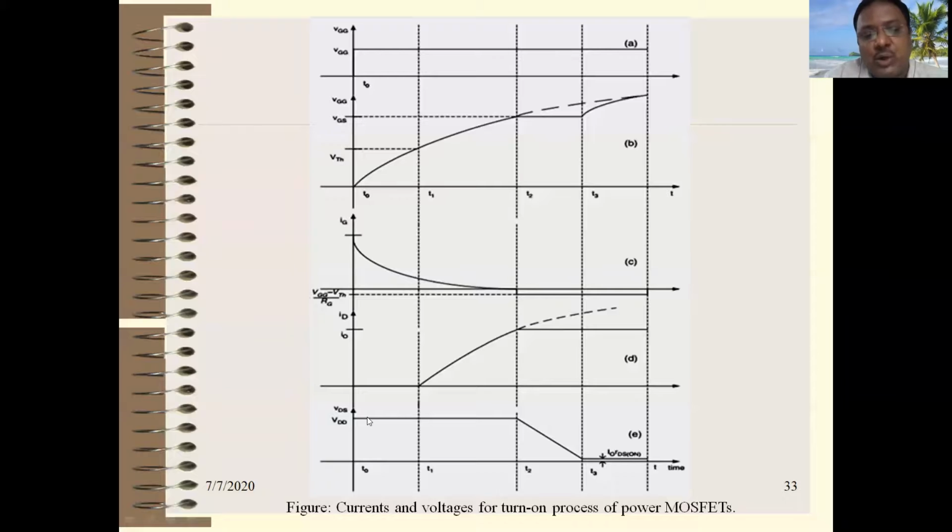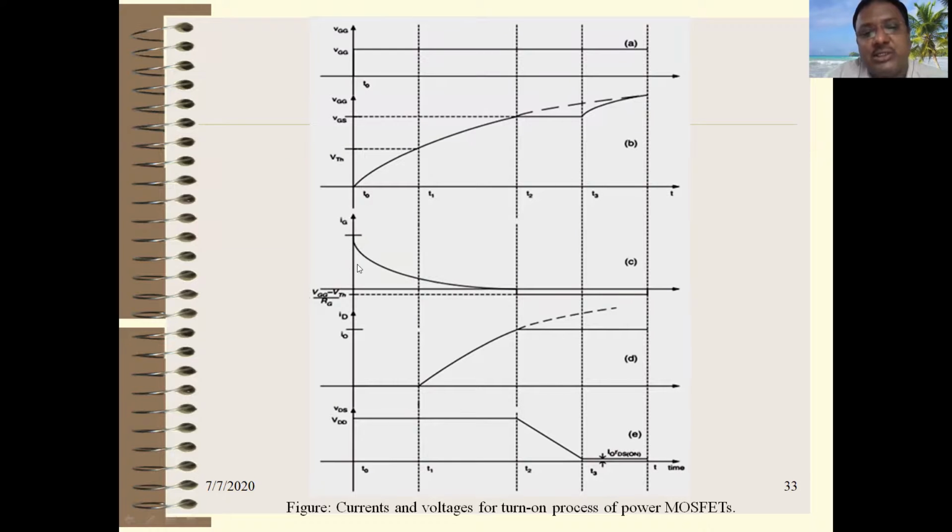Once your device turns on, the voltage across the device starts to decrease, and it will be VDS on, or called the on voltage, right? The voltage drop across the device is the on voltage. One more graph is shown here, that is the current IG. Initially, whatever voltage you are applying, that time the current IG is max.